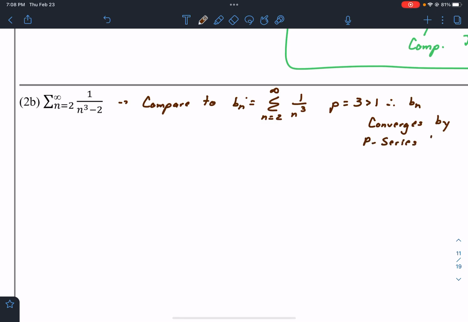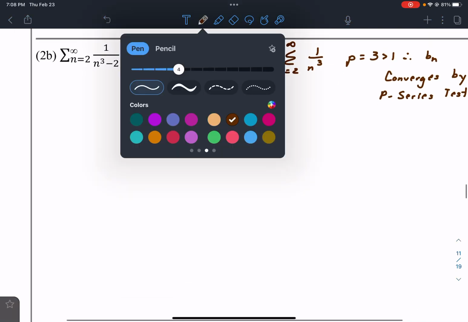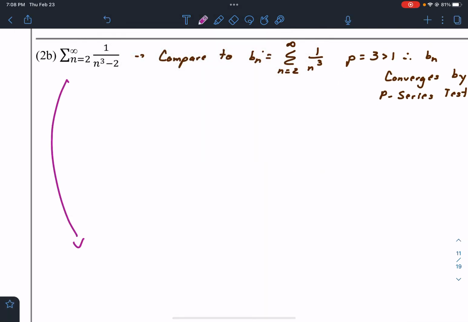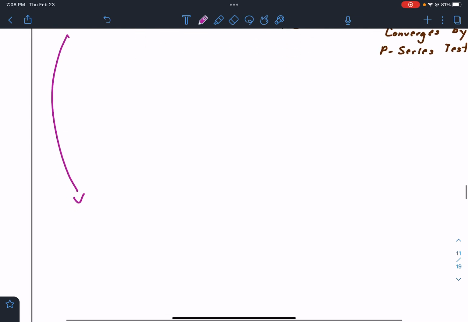Now, at this point, you may go, I want to do direct comparison. I'm going to go ahead and just slide down a little bit. I'm going to draw an arrow down here. That's fine. But if you do direct comparison, you're going to say, okay, n cubed minus 2 is either less than or greater than 1 over n cubed. You're going to say, well, because this is a -2, that means if I plug in a 2 here, that's going to be 8. If I plug in a 2 here, that's going to be 6.